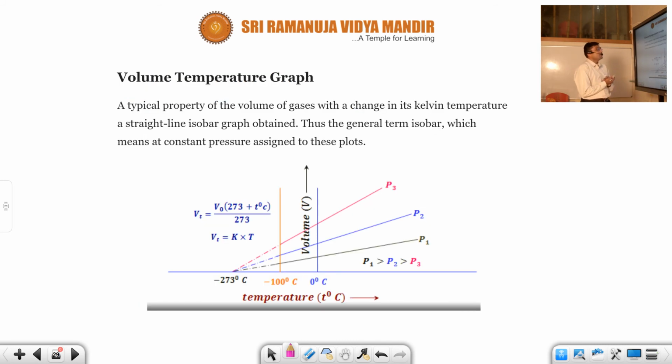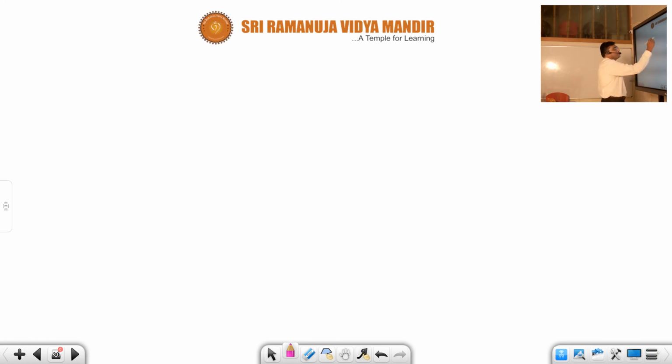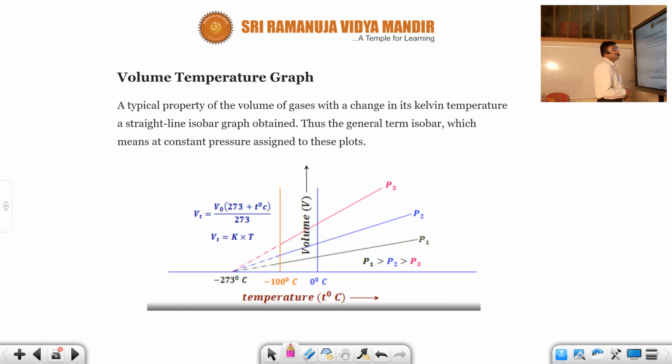Now have a look. Students, very, very important here. For example, you can take the same example, go back and see here 3 different isobars are given, P1, P2, P3. Now, which is greater? Very simple, students.